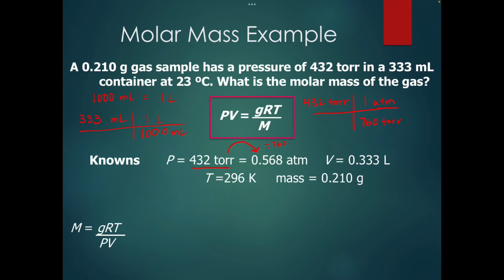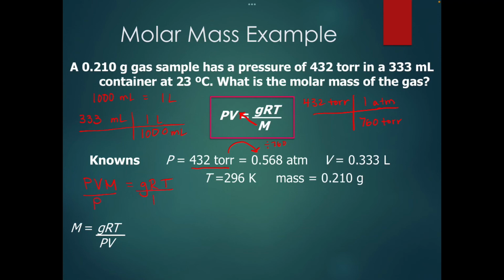All right. So then we need to rearrange our equation. PV equals gRT over M. So the first thing that we should do is cross multiply again. So that mass is going to get multiplied by pressure times volume. So we'll get pressure, volume, and M, which is our molar mass, equals gRT. Okay, then we can divide both sides by what we don't need.